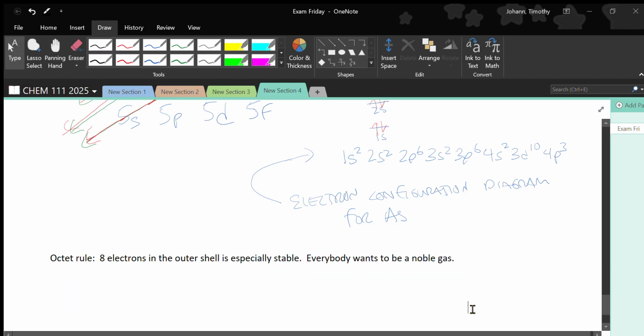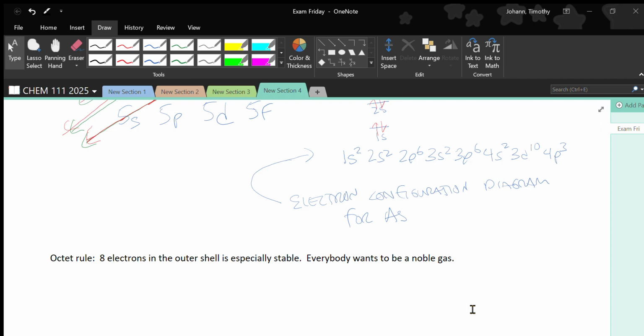So what that means is when I say 8 electrons, I mean, if we have this, what is the outer shell here? What's the principal quantum number that's the highest on this row? 1, 2, 3, 4. The highest principal quantum number for this row is 4.